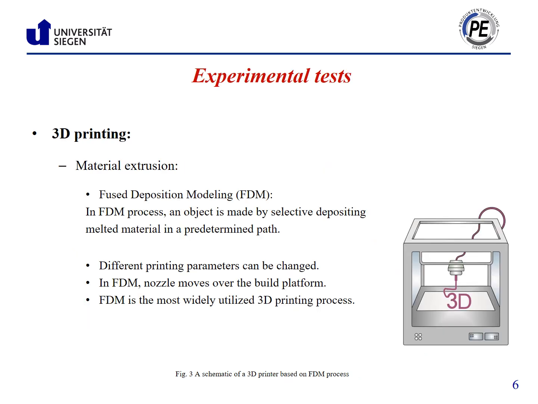Let's go to the second section, which presents details of the experimental test. As has been mentioned before, material extrusion is one of the main families of 3D printing processes. This method uses continuous filament of thermoplastic or composite material.